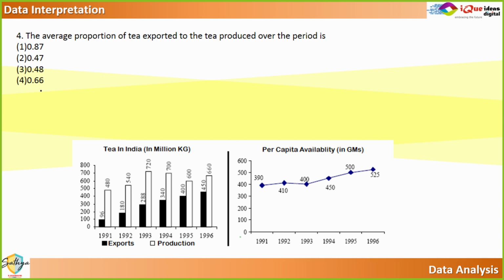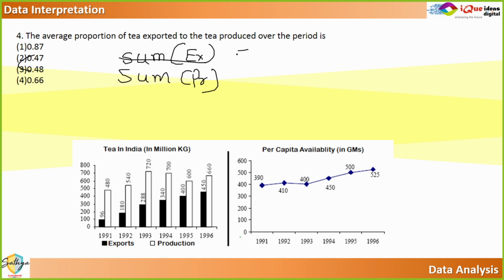This is simple. So average कैसे निकालते हैं? So this is nothing but sum of all the exports divided by sum of all the production.